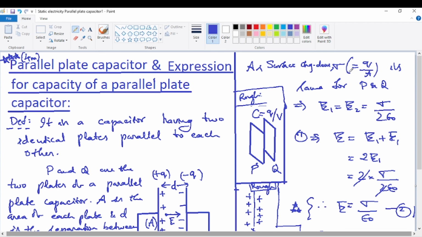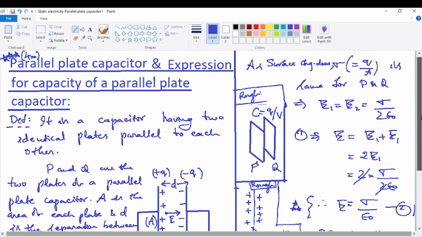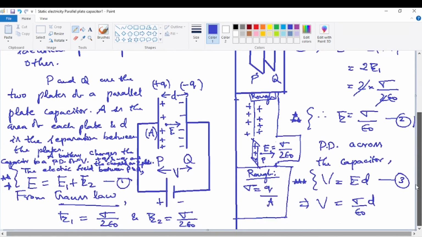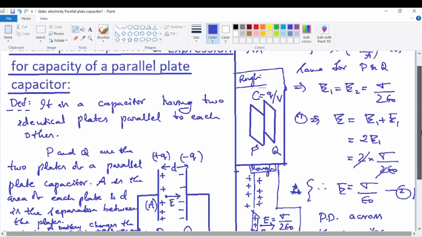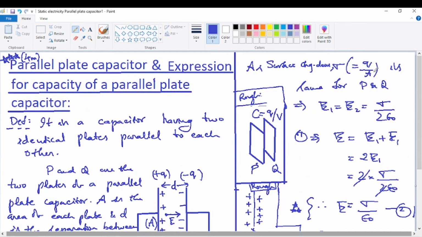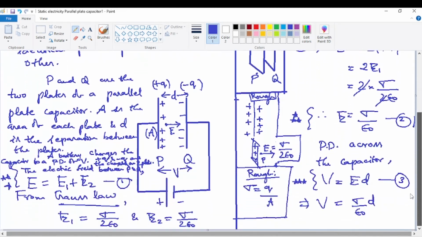As surface charge density, sigma is equal to Q by A, same for P and Q. Here surface charge density is coming first, and the same thing we have used in the step after this also. So substituting all this, these are the various steps. Here there is no change, so they can be copied as they are.